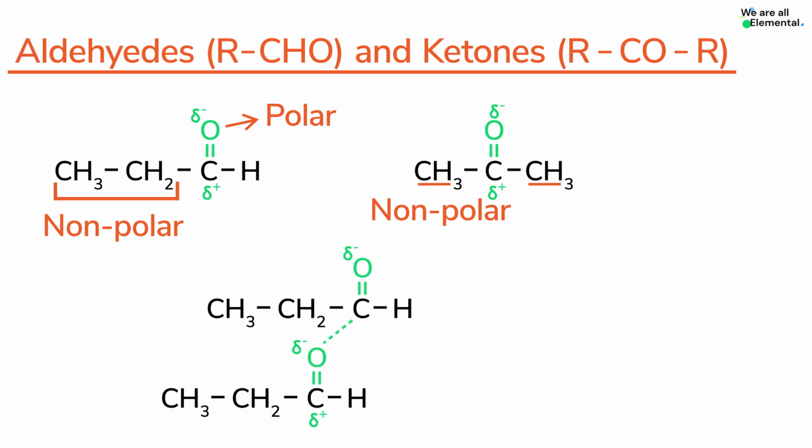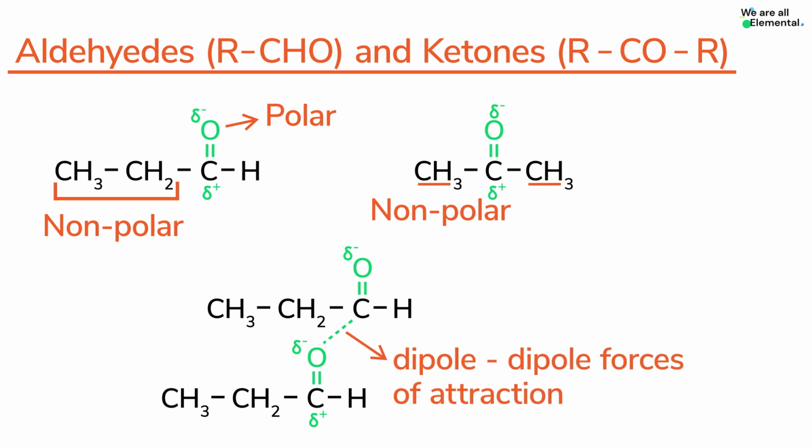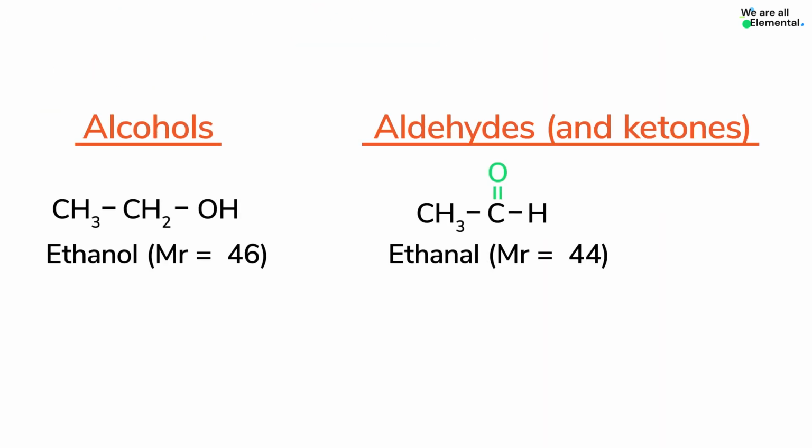So aldehydes and ketones can form dipole-dipole bonds. As compared to alcohols of similar molecular mass, aldehydes and ketones have relatively lower boiling point. This is because the dipole-dipole intermolecular forces are weaker than hydrogen bonds.